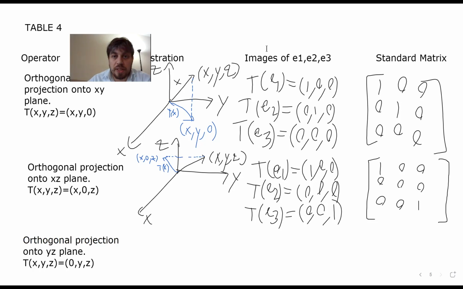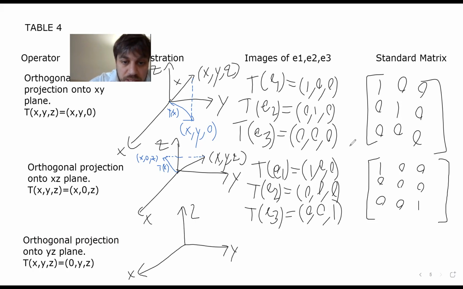So for this one, you project it onto the yz plane, so you make the x component 0. If you have the x-axis, y-axis, and z-axis, and you have a vector x, y, z, and you want to project it onto the yz plane, then you just want to make the x component 0.